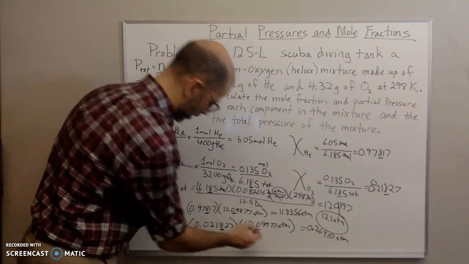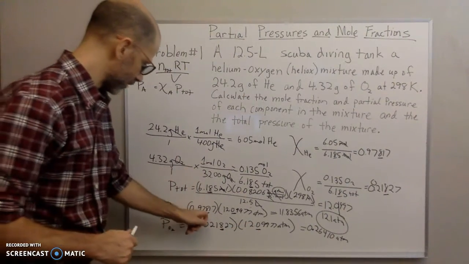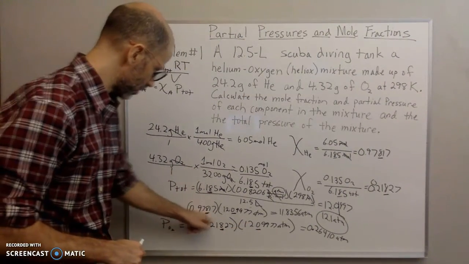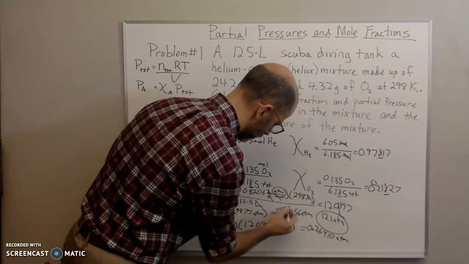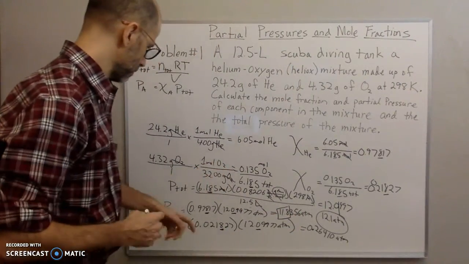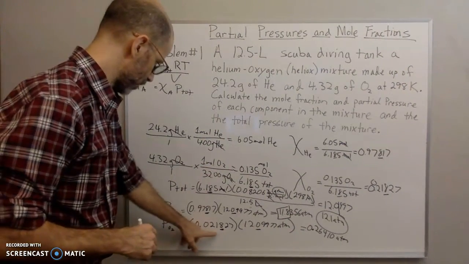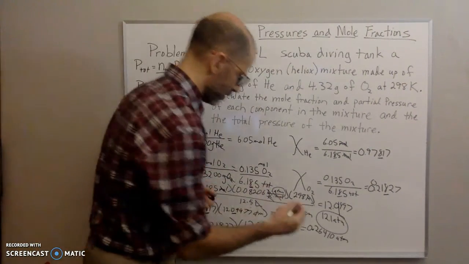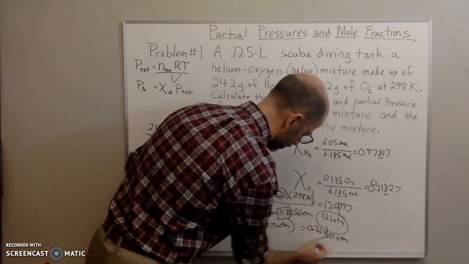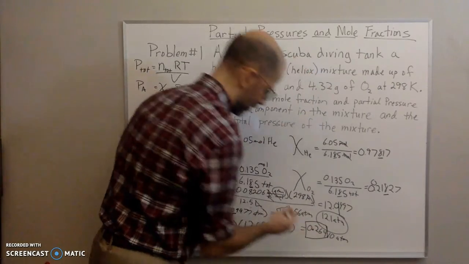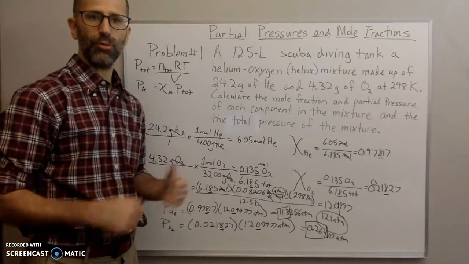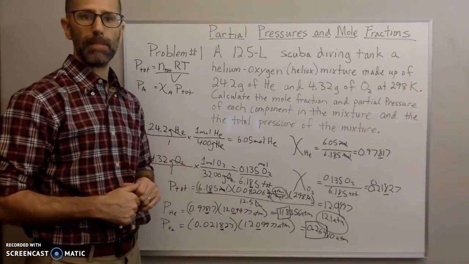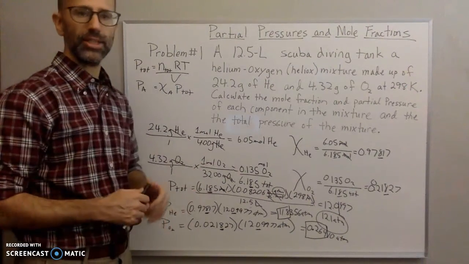So 3 sig figs here, so I should only have 3 here, so 11.8. And for the oxygen, 3 sig figs, so it should be 0.264 atmospheres. Those are the exact same answers I got before. So either way gets you the same answers.